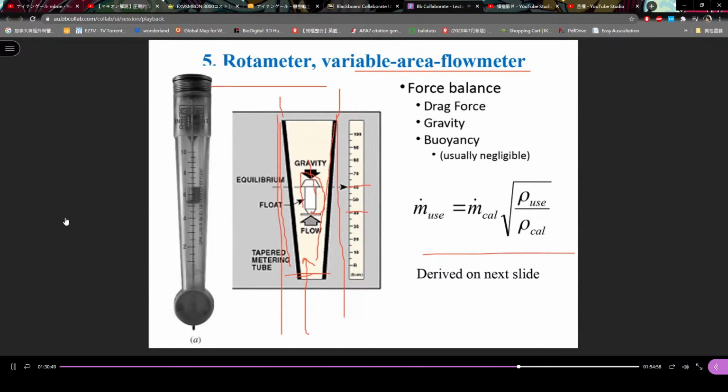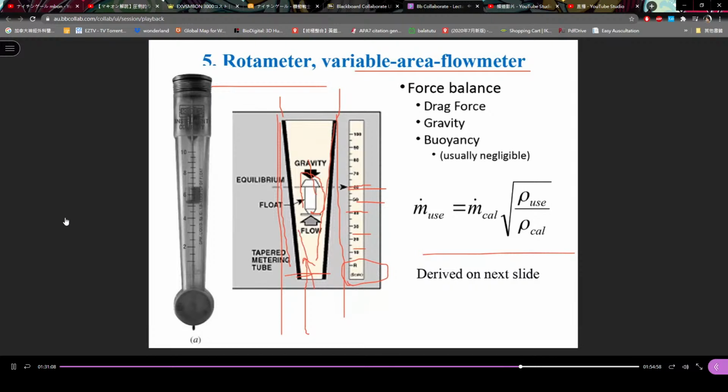According to different positions, it's very easy to check the flow rate, for example in cubic meters per second or liters per second.